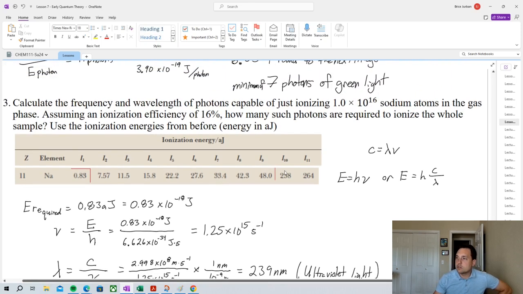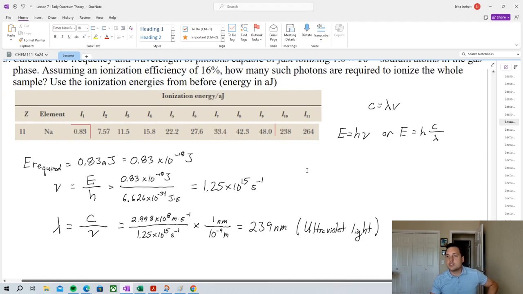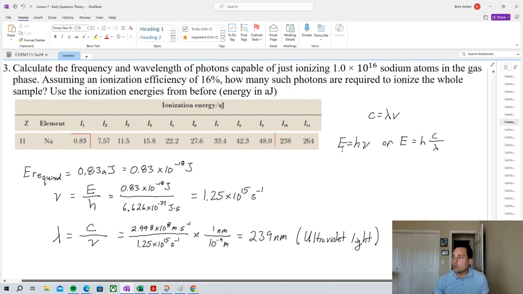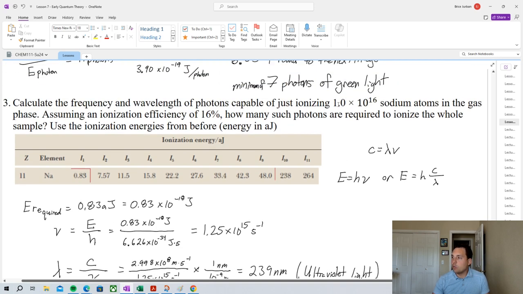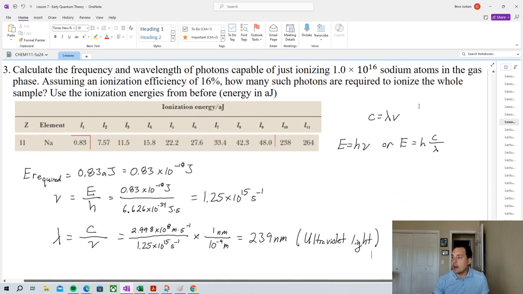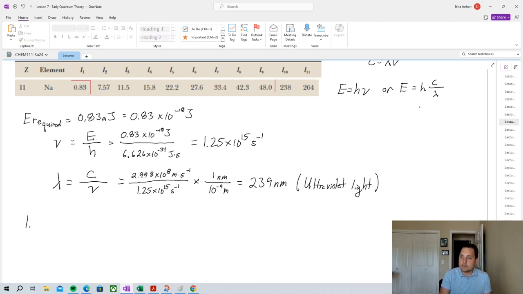All right, the last portion of this question is asking how many of these photons are needed to ionize the sample. Well, we need 1 times 10 to the 16th ions. And if we have a 16% ionization efficiency, that's the same way of saying for every 100 photons, only 16 of them will give us ions.